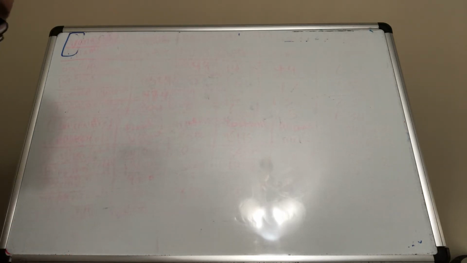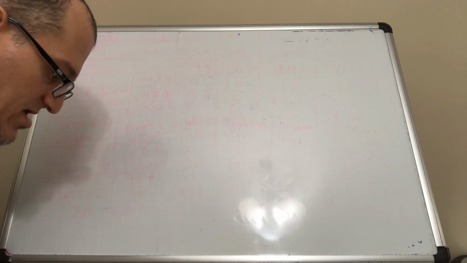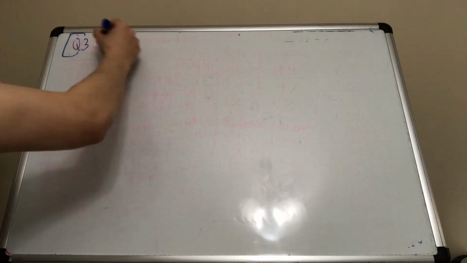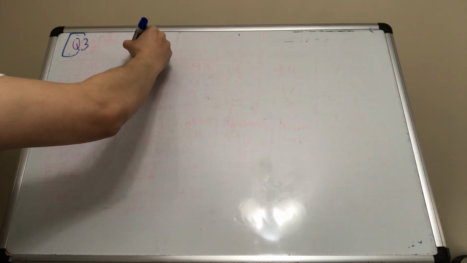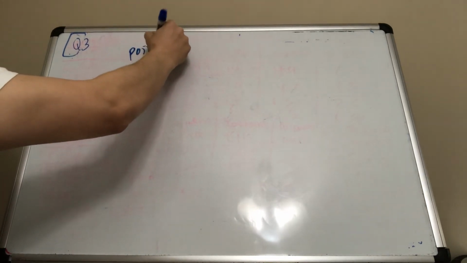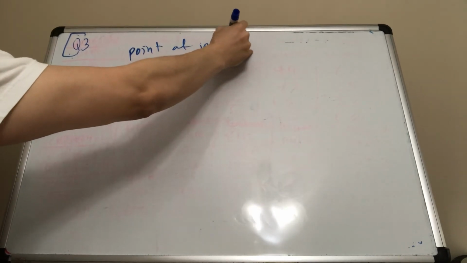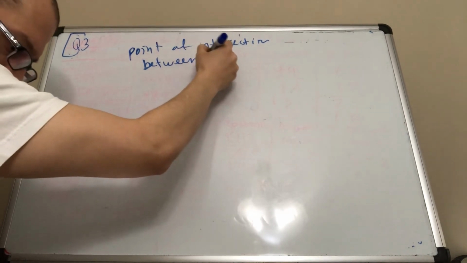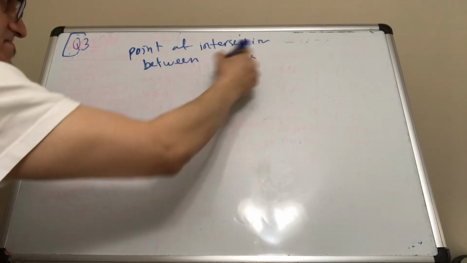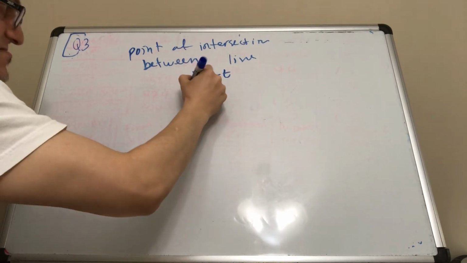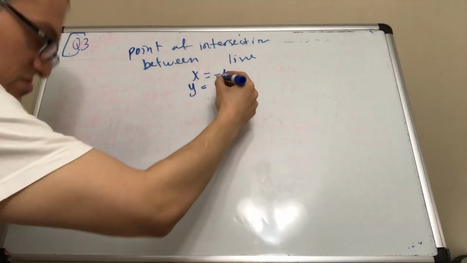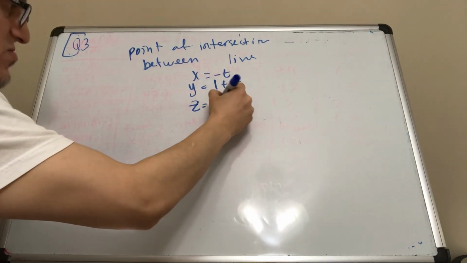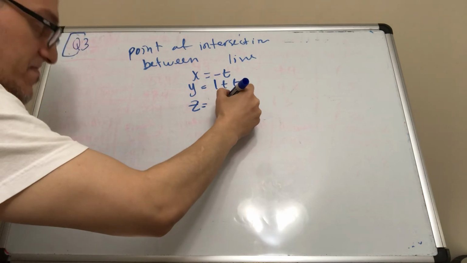Yeah, in workshop, worksheet B, question 3, you need the point of intersection between this line, x equals minus t, y equals 1 plus t, and z equals 1 plus t as well.